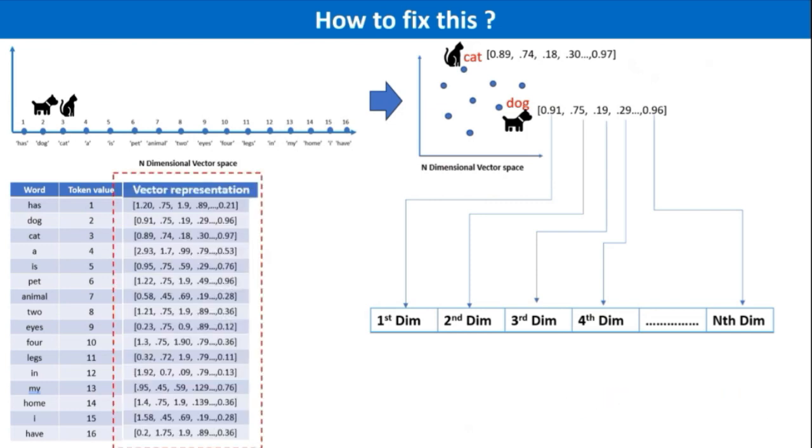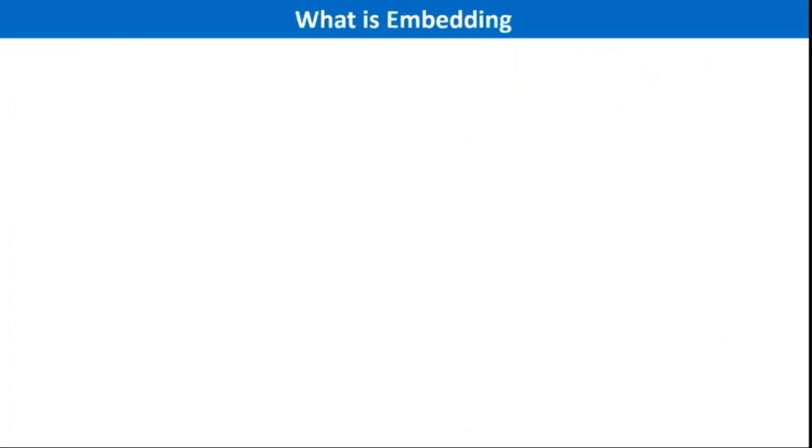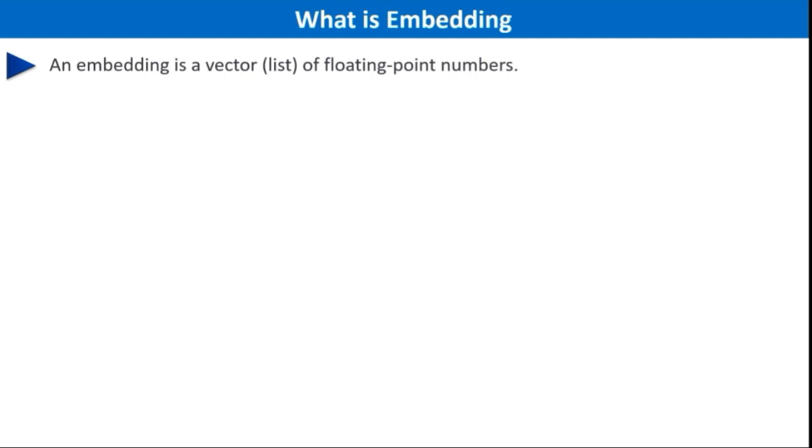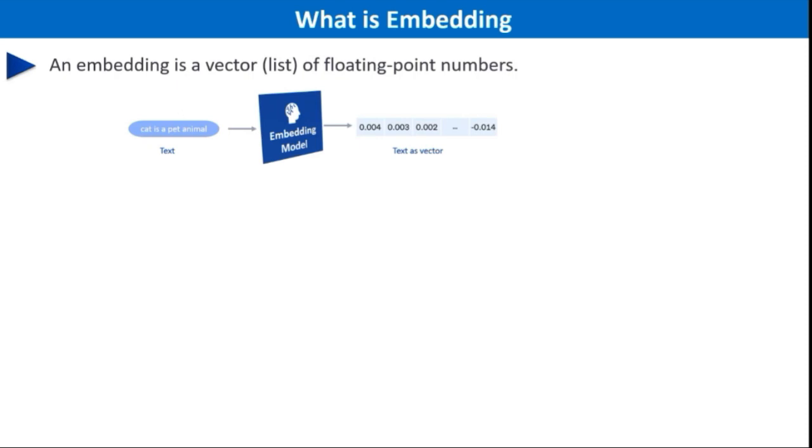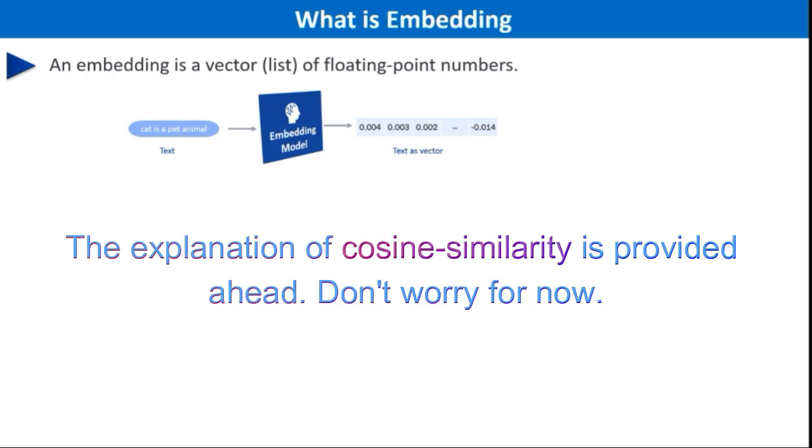This is what we call embedding. Okay, so what is embedding? In the simplest form, we can say that an embedding is a vector list of floating point numbers. An embedding attempts to map data tokens to a low dimensional space where similar tokens are mapped to vectors that are close to one another by some metric in the embedding space, like cosine similarity.